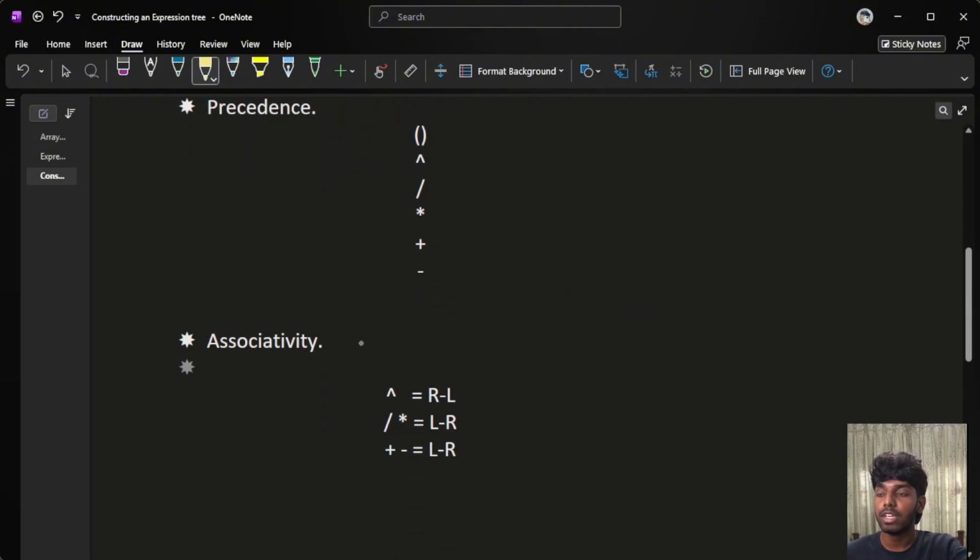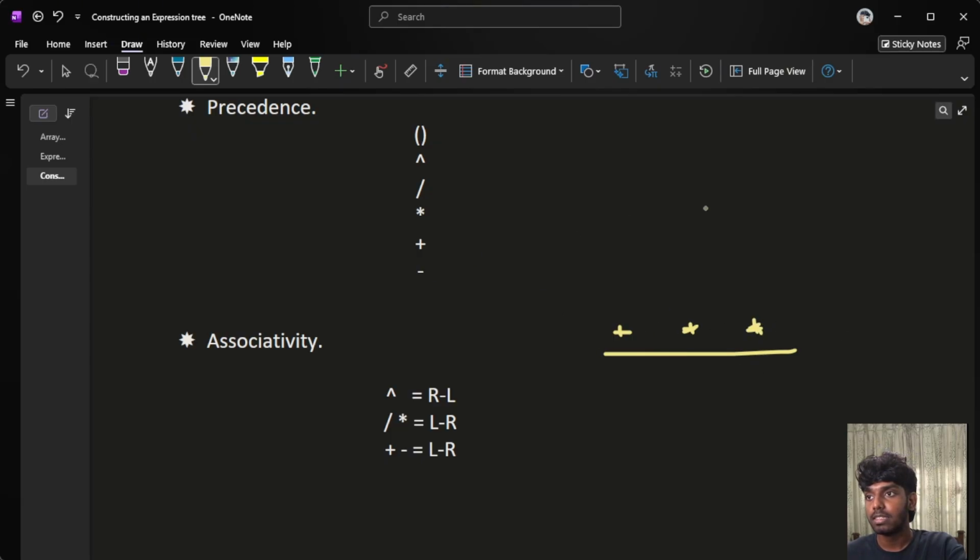For that we use the associativity: when we have a long expression with some same-precedence signs, we have to look at the associativity to understand what part will execute first. That is where the associativity comes in.